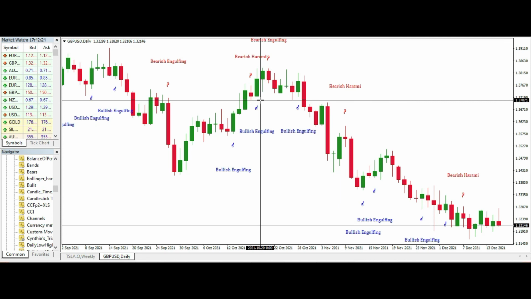Always try to avoid any kind of wash up. Wash up is a term that traders use when you lose a trade by just a few pips and then the trade goes again in the direction that you wanted. So just think about stop loss and targets and try to use all these candlestick patterns with caution.